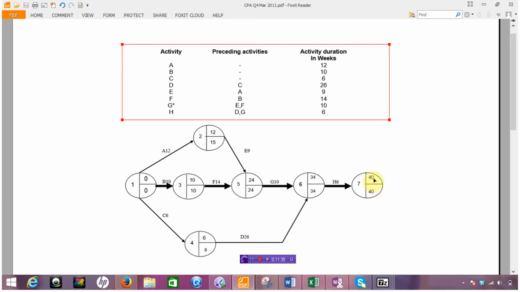What you'll find is that if you go back from right to left, by simply deducting and looking for the lowest value, if you take 40, you take off 6, you'll get 34. If you then take off 10, you'll get 24. If you take off 14 from 24, you'll get 10.